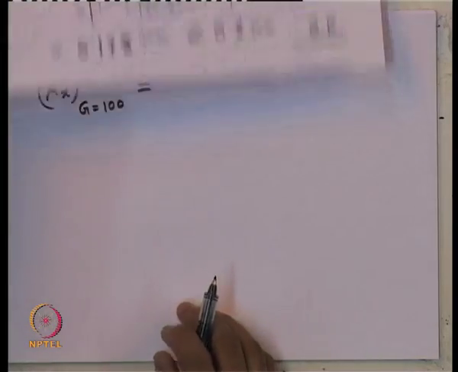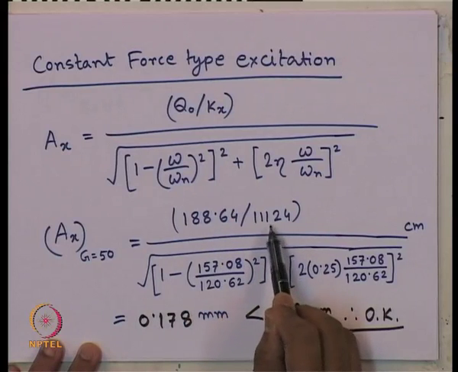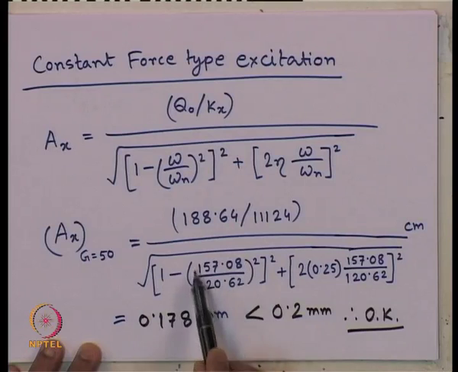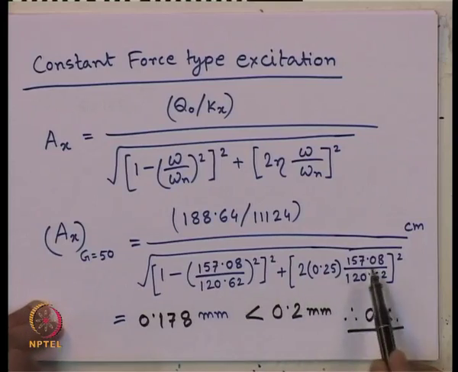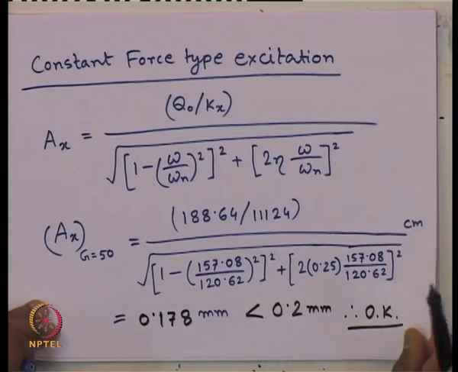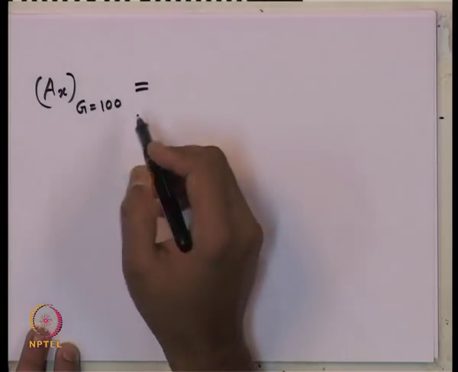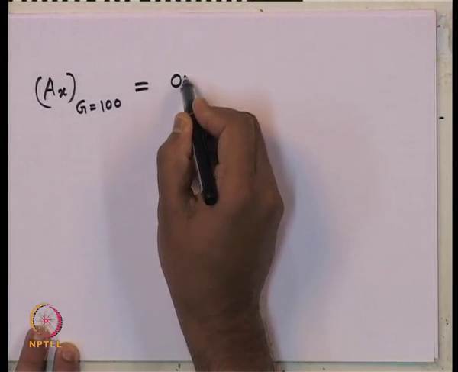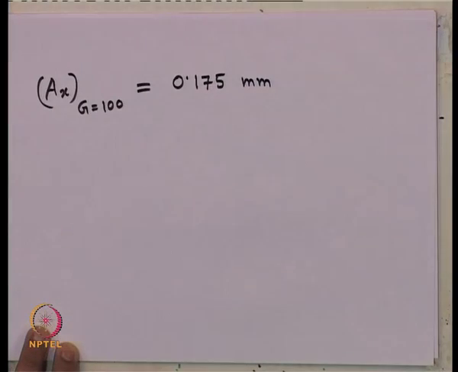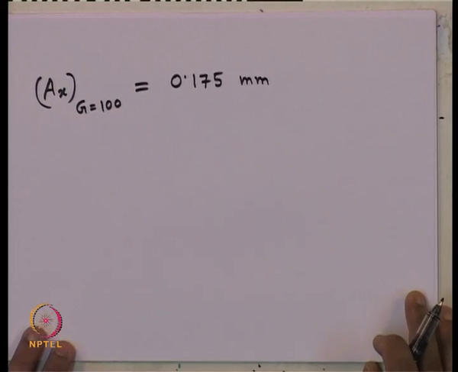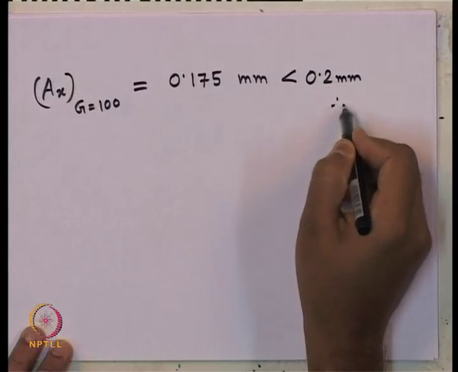The changes will be in this expression: Q naught remains the same, k x will change, this will become double, 1 minus omega remains the same, omega n changes for G equals to 100. Here also omega remains the same, omega n changes. So, that way if we calculate, we will get A x for G equals 100 as so much millimeter, fine, which is again less than 0.2 millimeter. Therefore, the design is okay.